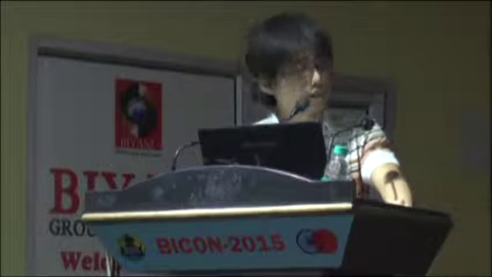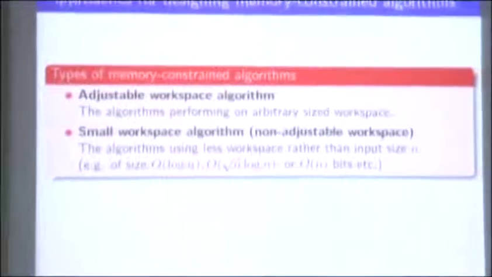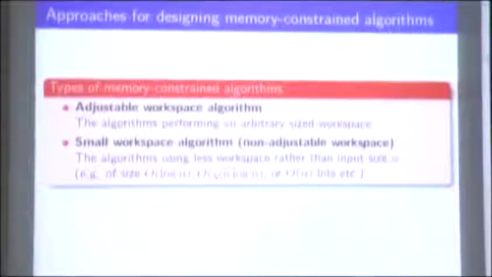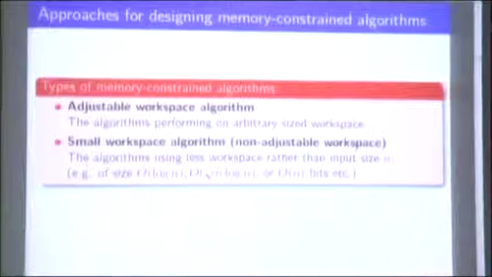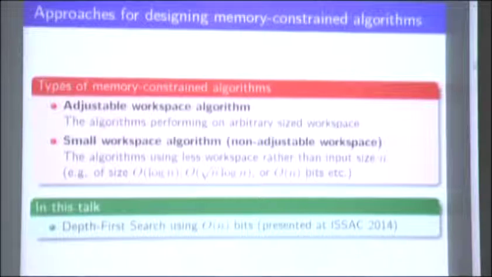For example, using workspace of only log n bits, or n log n bits, or just n bits. In this talk, I'd like to talk about one small workspace algorithm, for the problem of depth-first search.